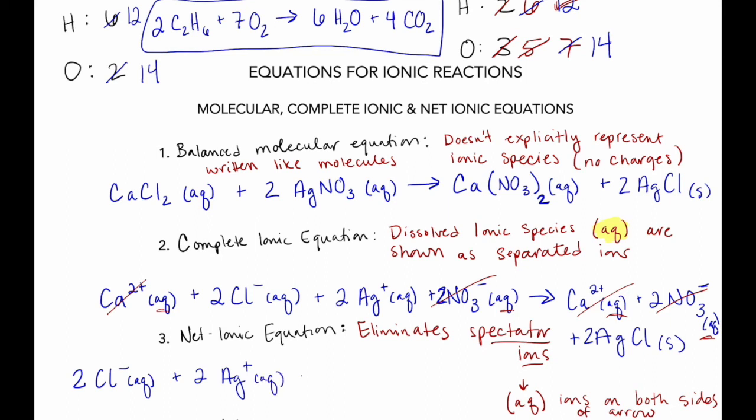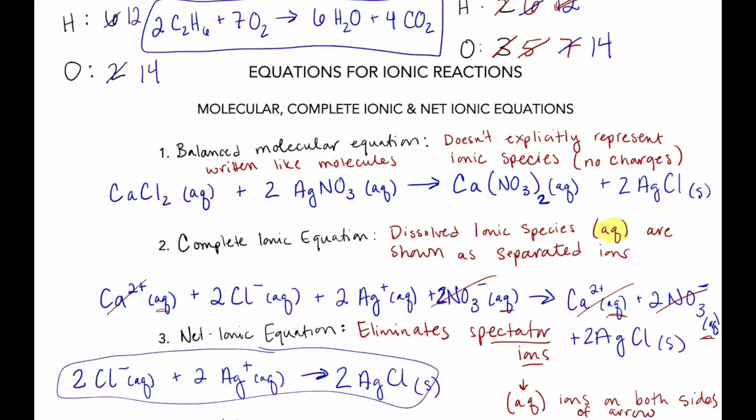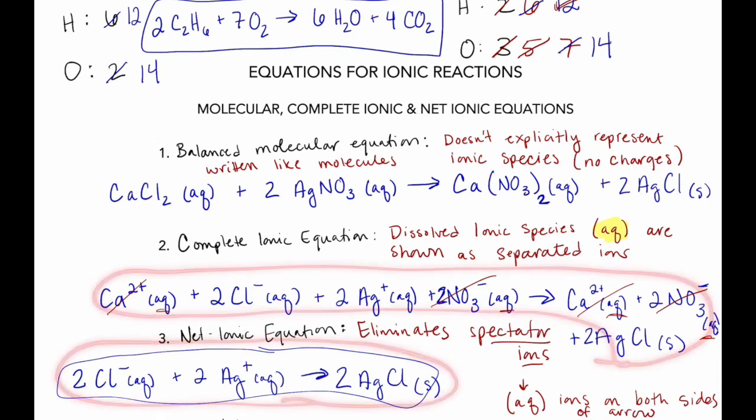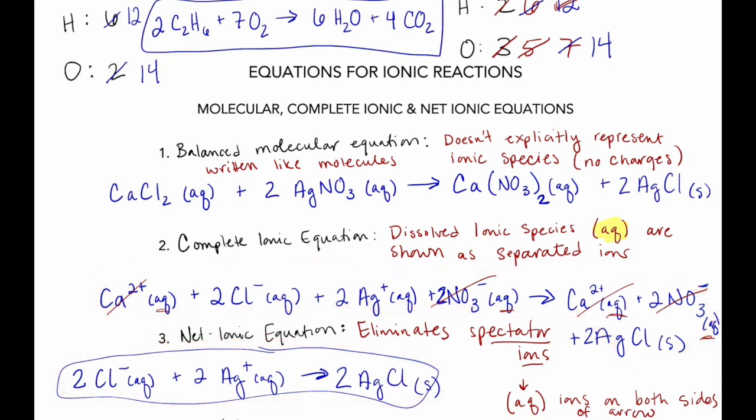I'm going to keep my physical states represented, and that reacts to make 2 AgCl solid. This is kind of the main point of the reaction. It eliminates anything that's extraneous. The complete ionic equation keeps everything that's present. The net ionic equation gives only what's reacting.